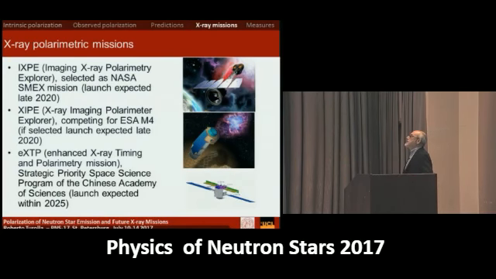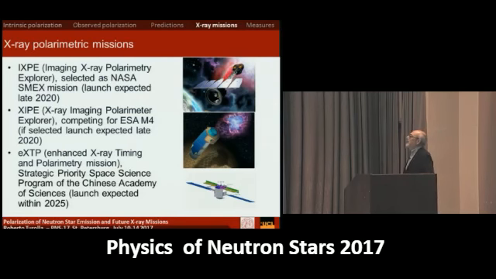Launch is expected late 2020. Then there is XIPE, or XPE as you would like. This is the X-ray Imaging Polarimetry Explorer, not much fantasy in choosing the names for these missions, which is still competing for ESA M4. And if selected, the launch is expected, according to the original schedule, again late in 2020, but perhaps a bit later.